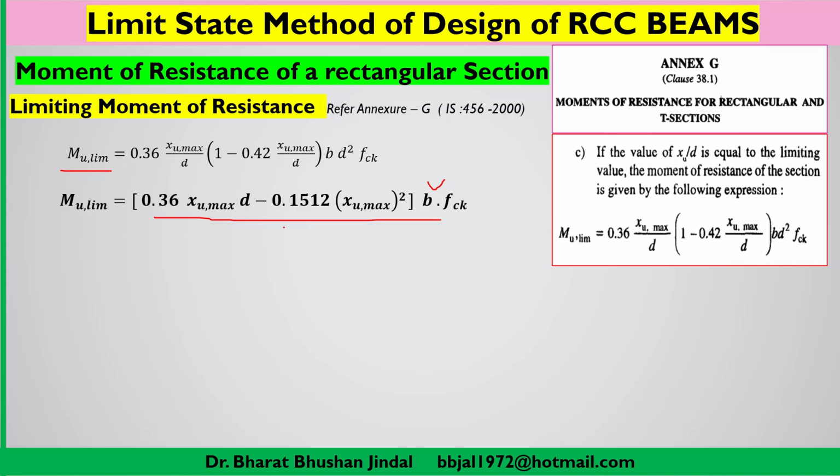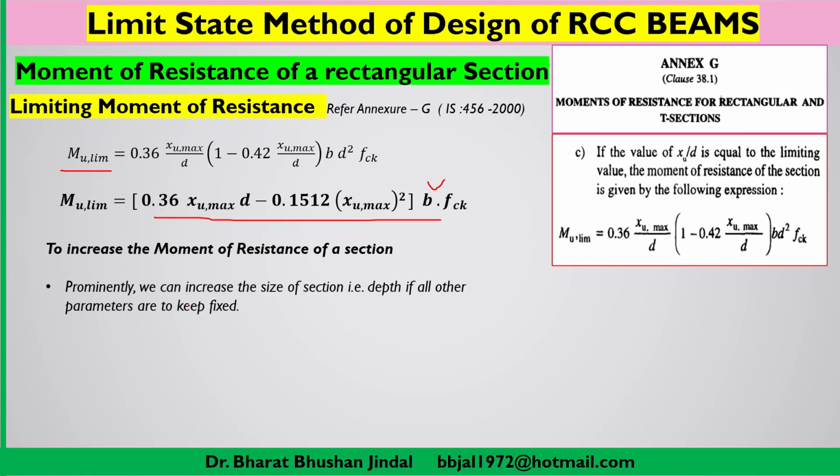So from the formula it is very clear that if you want to increase the moment of resistance of a section, either you can change the dimensions of the section or you can take a higher grade of concrete in the casting. Prominently we can increase the size of the section, that means you can increase the depth of the section as well as other dimensions.